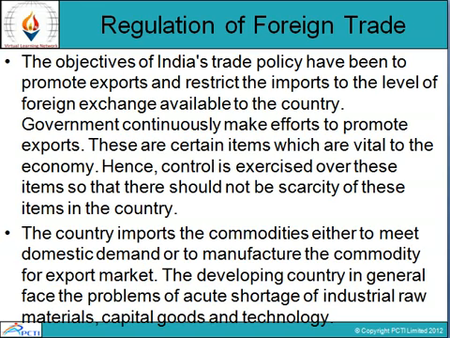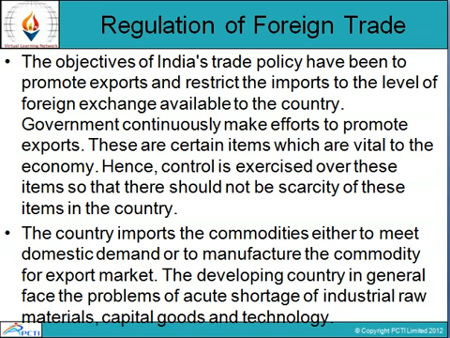Next is the regulation of foreign trade. The objective of India's trade policy has been to promote export and restrict the import to the level of foreign exchange available to the country. Government continuously makes efforts to promote export.